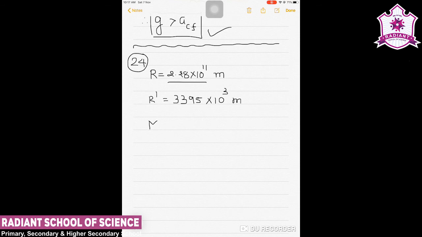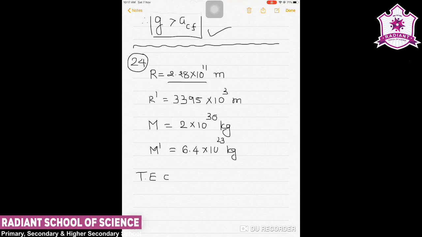In the same way, mass M is the mass of the sun, that is 2 into 10 to the power 30 kilogram, while m dash is the mass of Mars, and the mass of Mars is given as 6.4 into 10 raised to 23 kilogram. Now, another thing that we can have is the total energy of the spaceship, which can be determined.